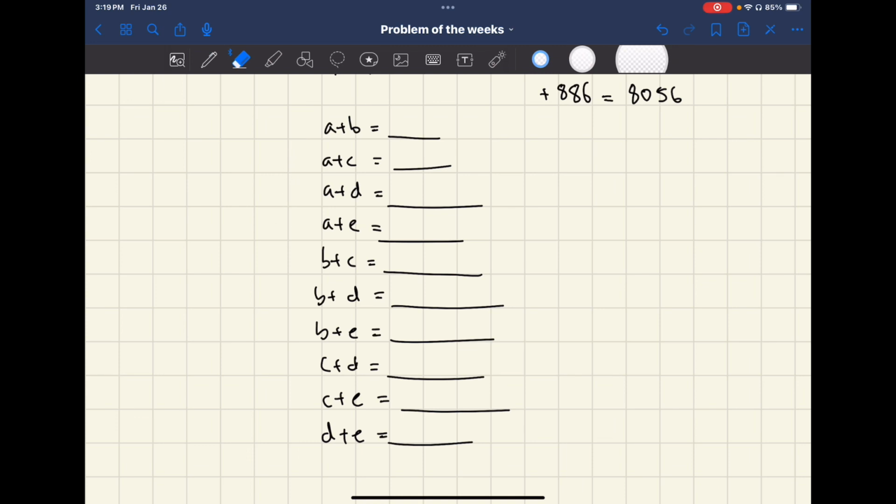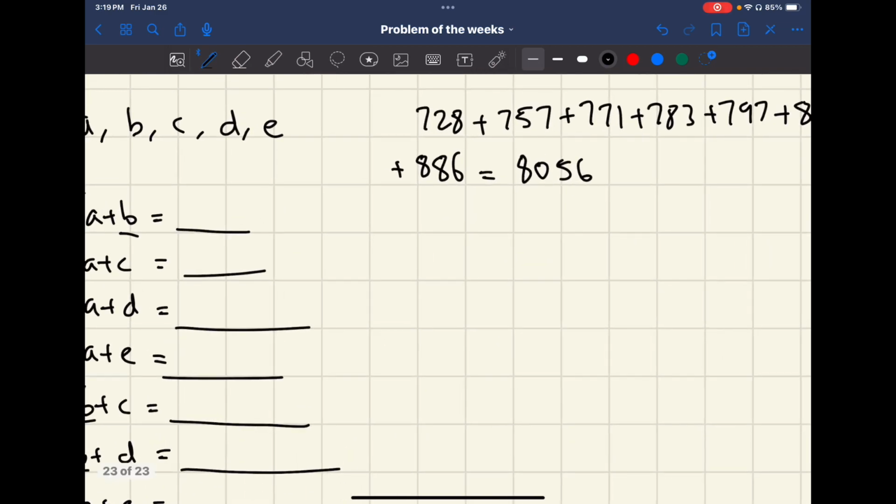And another thing you need to notice is that each rock is going to be paired with the four other rocks. Each rock is going to appear four times in this, right? A appears four times, B appears four times, C appears four times, D appears four times.